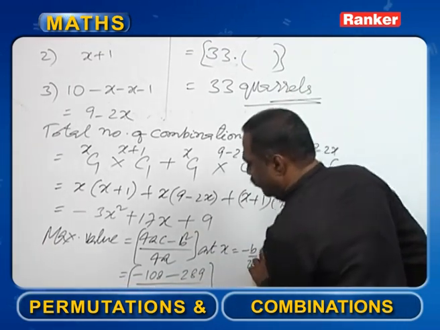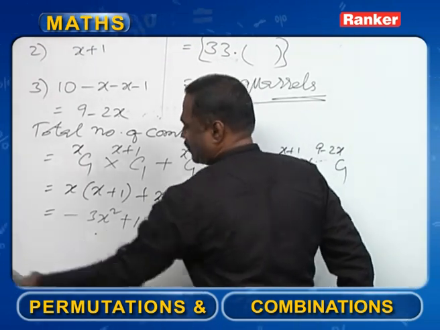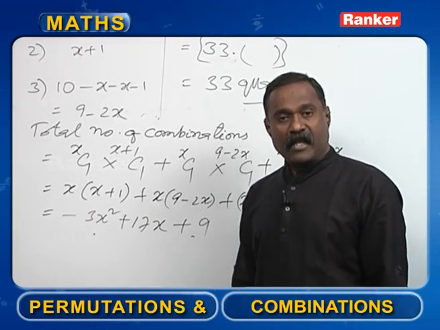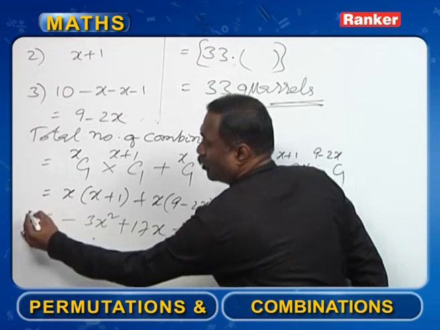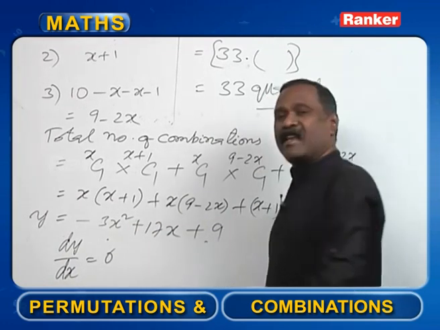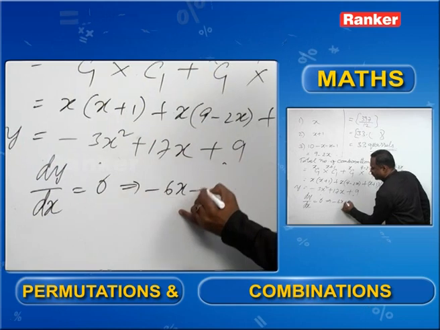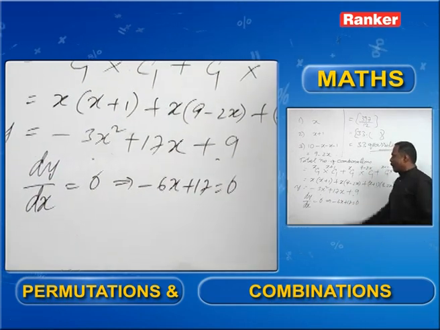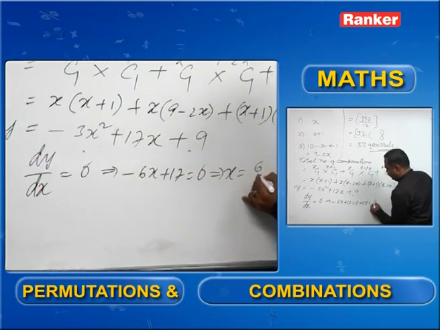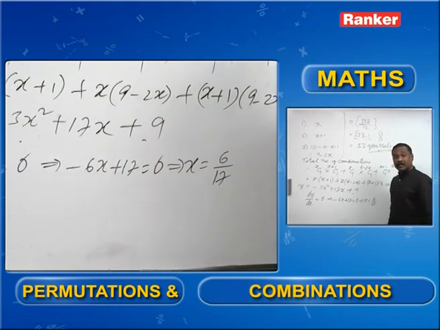Without using the formula, the least value or greatest value occurs only when dy by dx equals 0. Understand, please. dy by dx equal to 0 implies minus 6x plus 17 equals 0, which implies x is equal to 17 by 6.